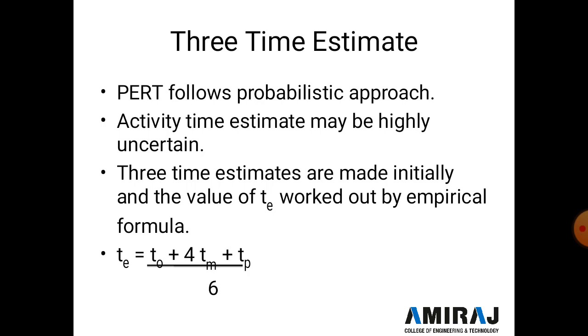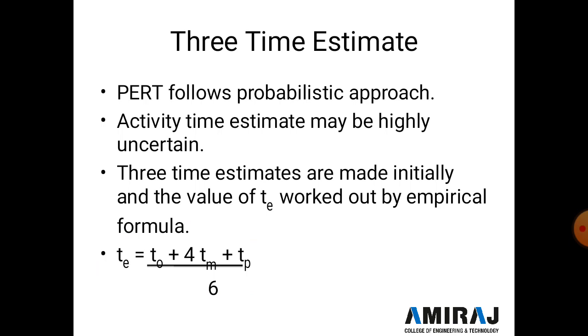So in a PERT diagram, three times are given: TO, TM and TP. TO is the optimistic time, TP is the pessimistic time, and TM is the most likely time. In the next slide we discuss all these three, and TE is the estimated time.